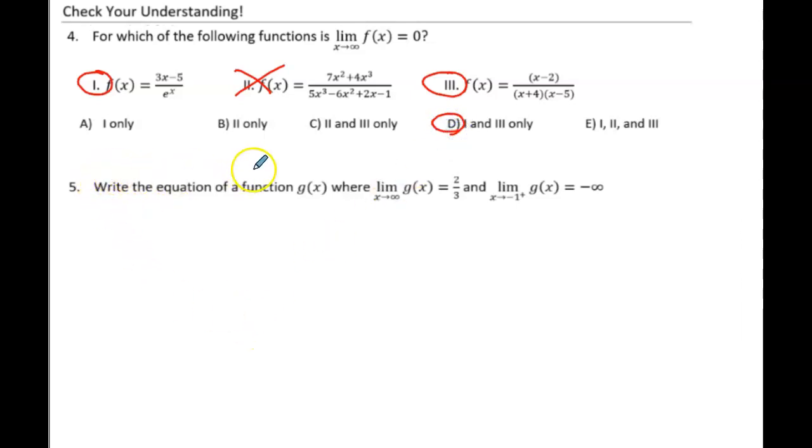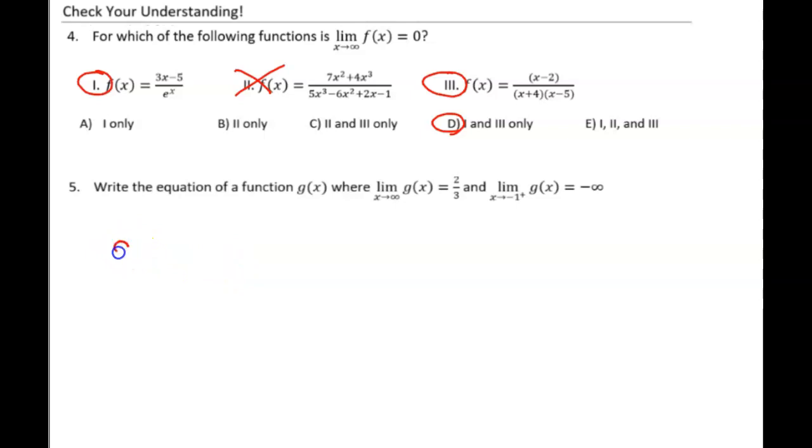Okay, next, write the equation of a function g of x where the limit as x approaches infinity of g of x is 2/3. So that would mean that the degree of the numerator and degree of the denominator are the same.